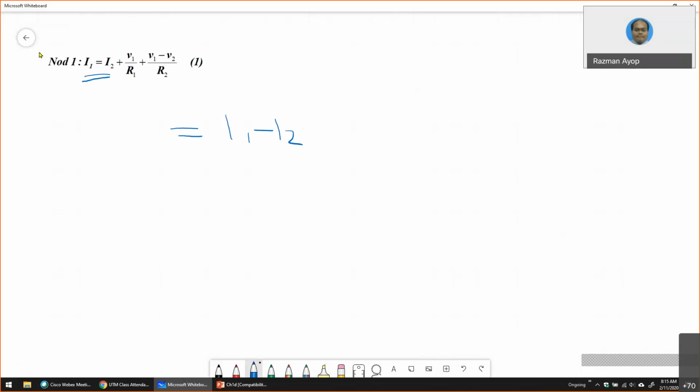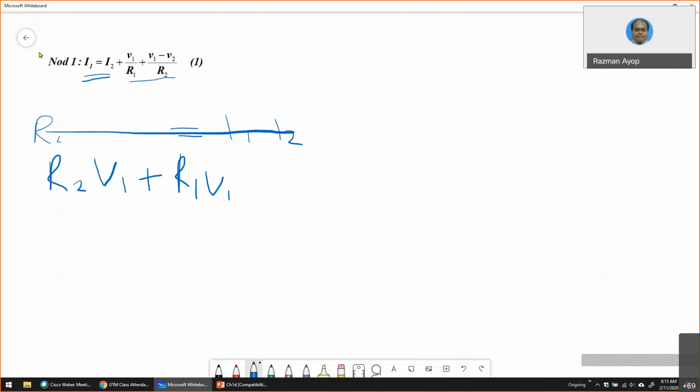For this one, you have to make sure that the denominator is the same because you want to add it. So R2 V1 plus R1 V1 minus R1 V2 equals to I1 minus I2.